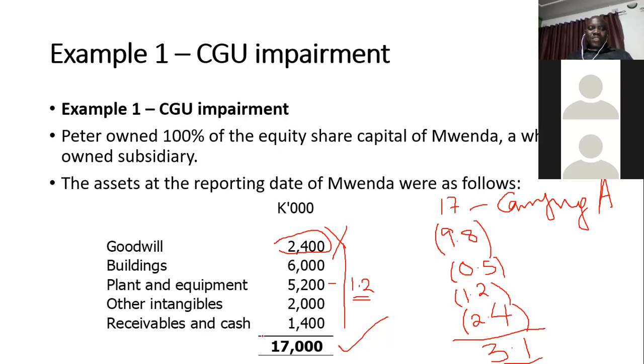Why are we not impairing receivables and cash? Why shouldn't you? Victor. Cash, because you're holding it.